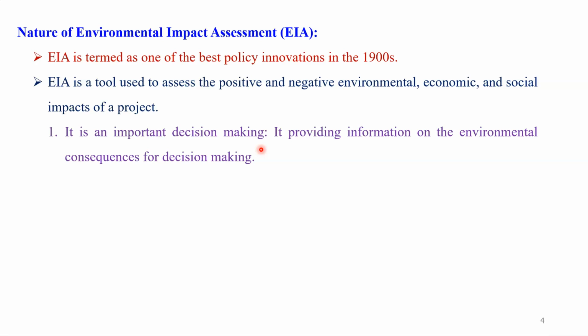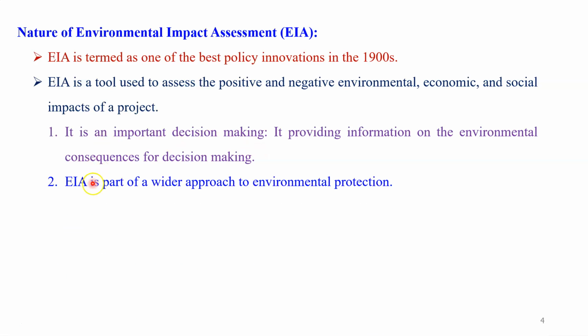So on the basis of environmental impact assessment, we are able to finalize our decision whether we should continue that project or not. This is a very important tool for the decision maker, the planner, the government, the social worker, the researcher, various agencies, or maybe the factors that are in the decision making process. So for them, this is a very important tool.